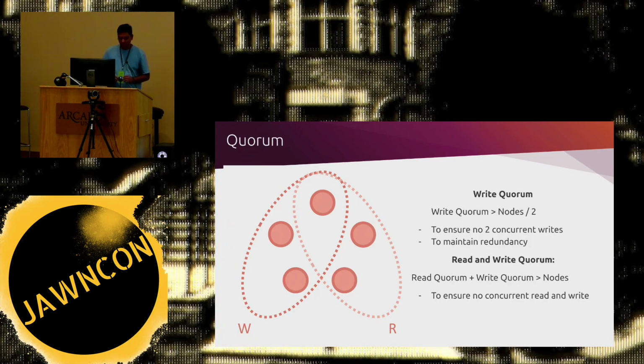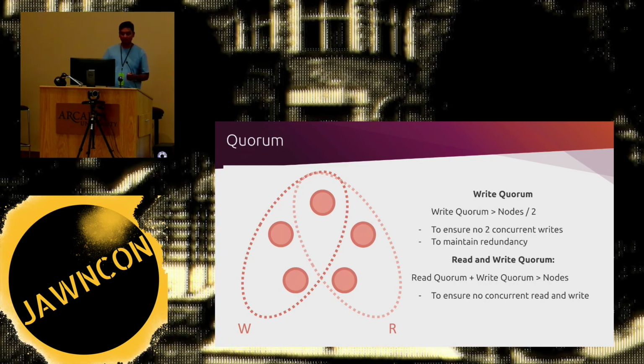You want to make sure your read quorum and your write quorum add up to more than the number of nodes, and this ensures that there's no concurrent read and write. If you're trying to read stale data, there's going to be at least one node where you'll have a conflict and you'll have the latest data.